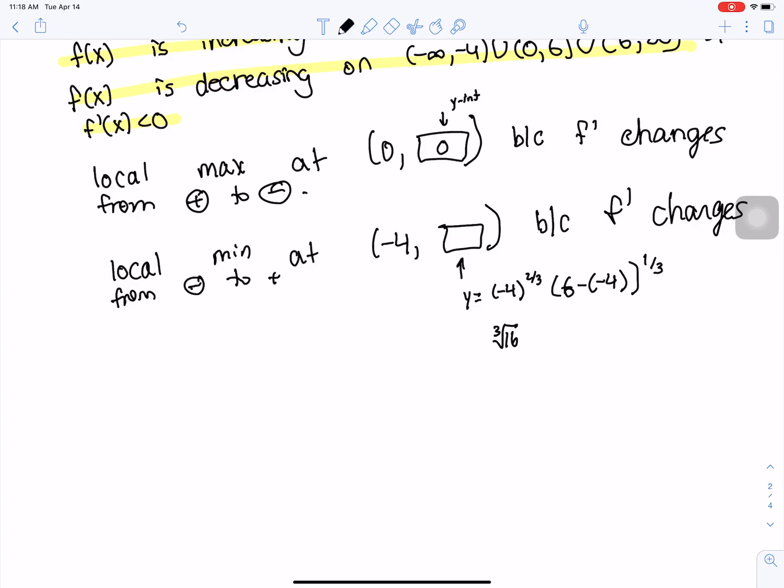So that's 16 to the 1/3, 6 minus a -4, so that will be the cube root of 10. And then we'll just leave our result like that. You would need to kind of know where that y-coordinate is. You would have to use a calculator to get that decimal, or you may have to approximate.